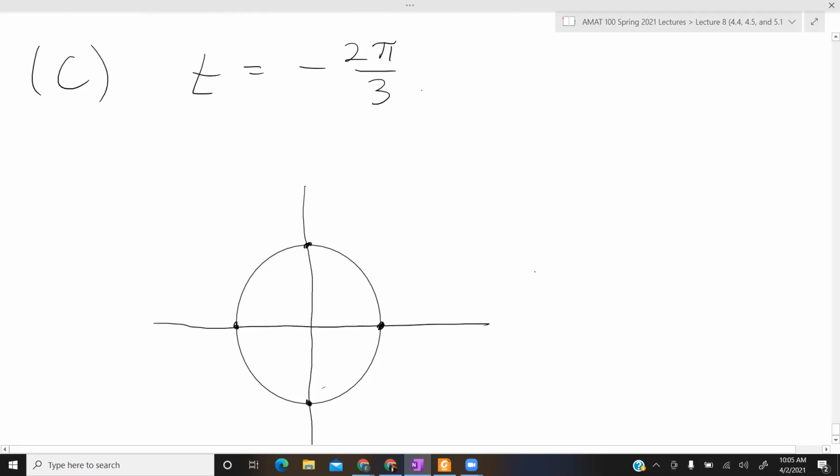So if we travel just negative pi over 3, that means we'll end up in this quadrant right here, maybe. Actually, I don't understand.